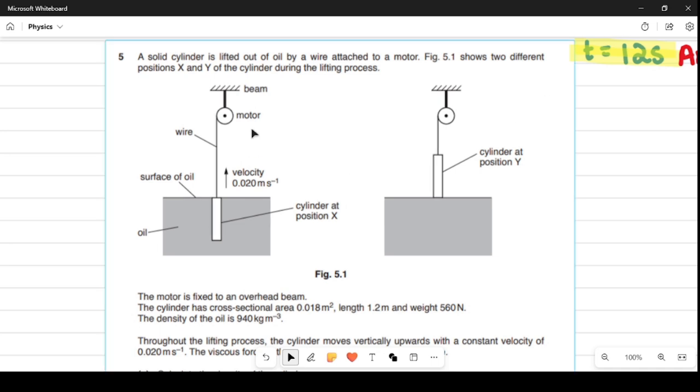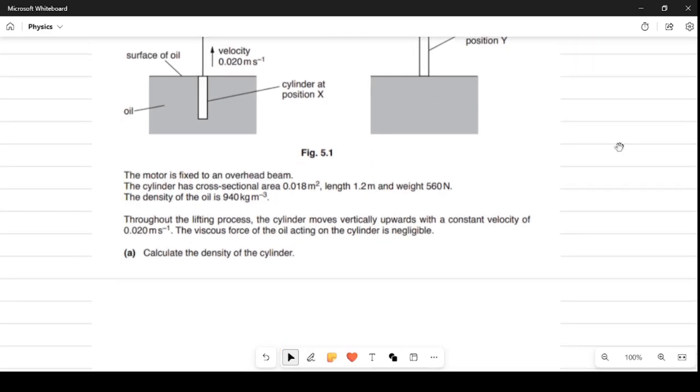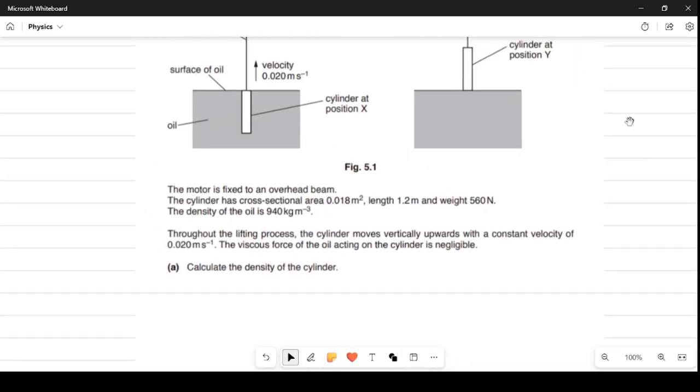Right. A solid cylinder is lifted out of oil by a wire attached to a motor. So it's going up. The figure shows two different positions, x and y, of the cylinder during the lifting process. So you have a velocity 0.02, cylinder at position x, cylinder at position y. It's going to be lifted up. Okay. The motor is fixed to an overhead beam.